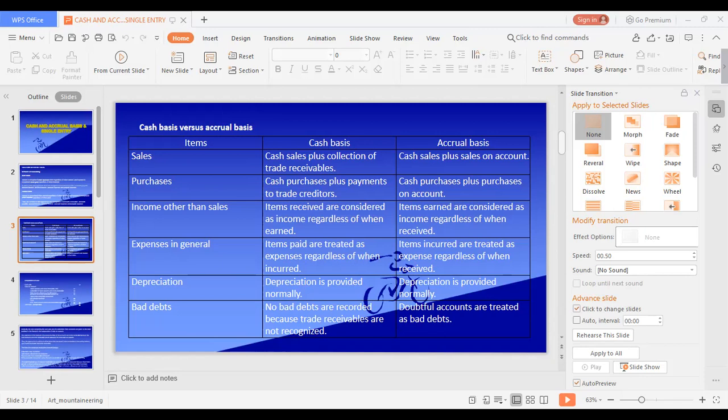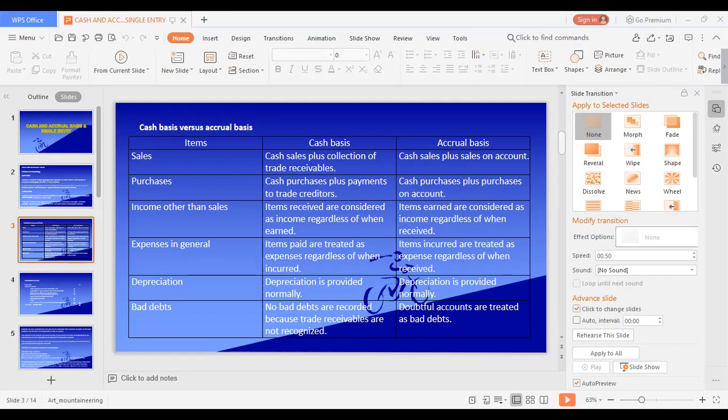Now for the entries on December 31, 2020. Now this includes your entries for, at the same time, closing entries. So we have entry number 1 in order to close your amount of December 31, 2019 accounts receivable.